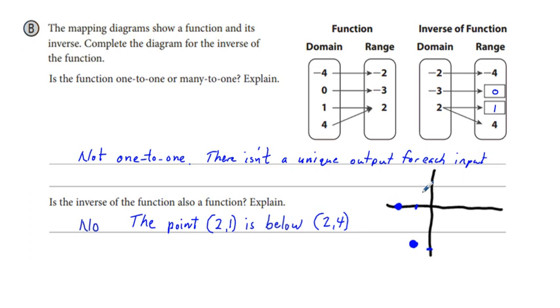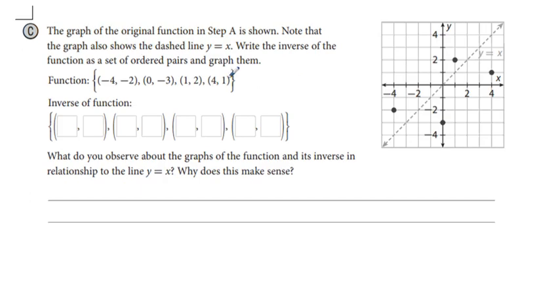That's another point. And then we have (2, 1), so we go to the right 2 and up 1. And then we put (2, 4), to the right 2 and up 4. So these points are above one another, and consequently this relation does not pass the vertical line test and is therefore not a function.